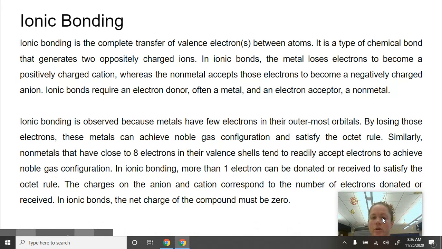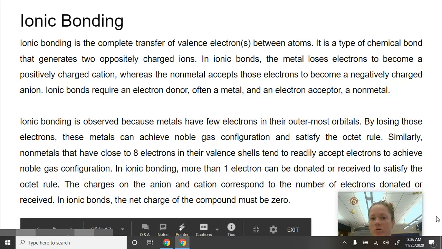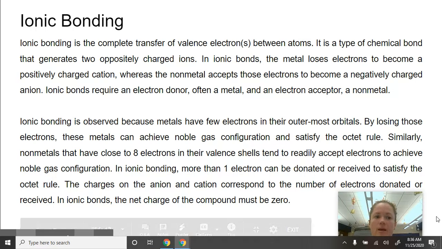All right, so I'm going to take a minute to go over the definition of an ionic bond. Again, you don't want to write everything down, just kind of take it in and then write down or draw a picture of what is the most important in this paragraph. So ionic bonding is the complete transfer of valence electrons between atoms. Because they're transferring, they are now bonded together. They're giving or taking an electron, so they're bonded together.